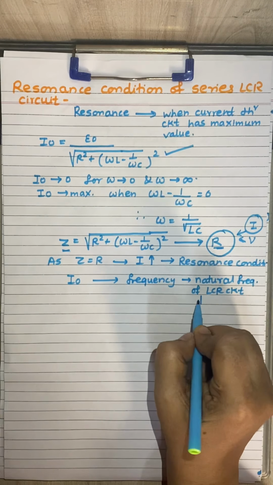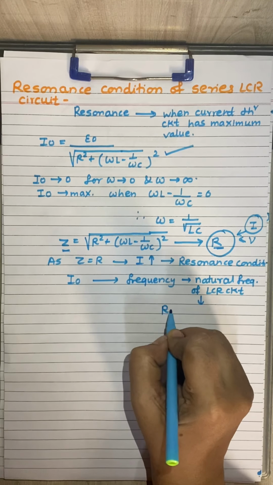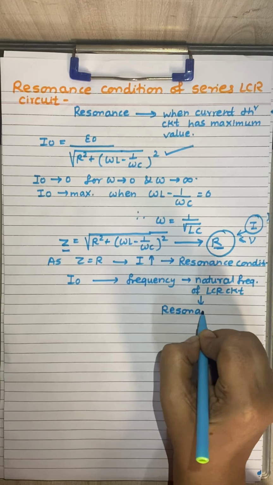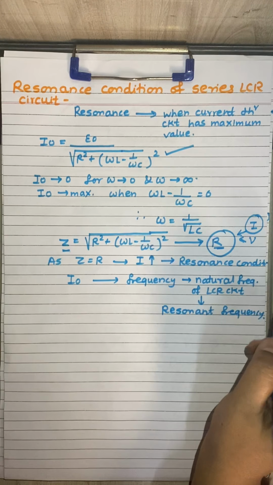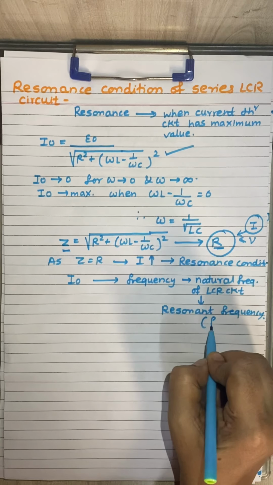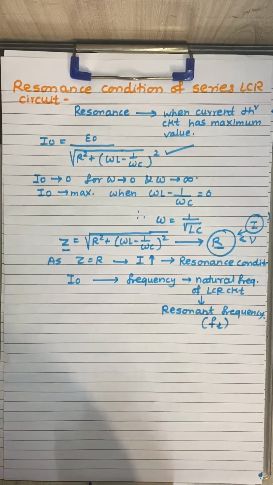Also, this frequency is called the resonant frequency, and it is denoted by the letter FR. This is going to be very important.